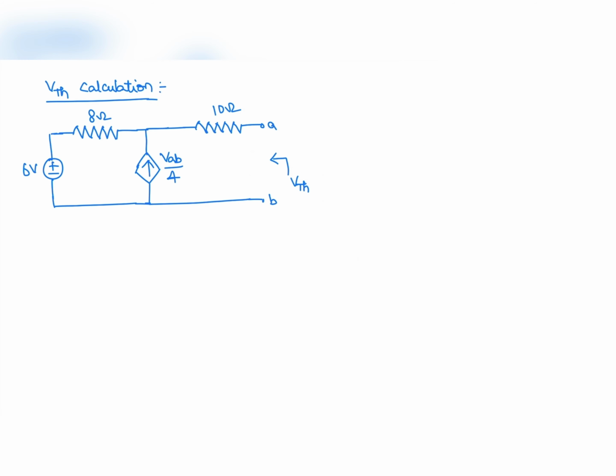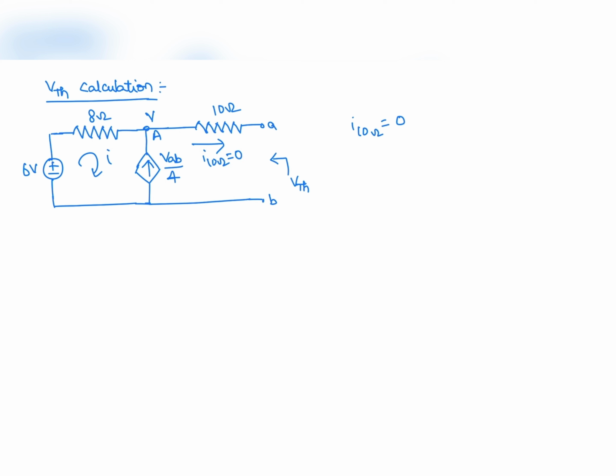Now to calculate the VTH. Again, let V be the node voltage at node A. The terminals A and B are open circuited, so the current flowing through the 10 ohm resistance is 0.